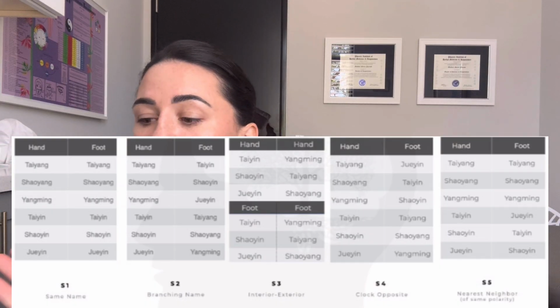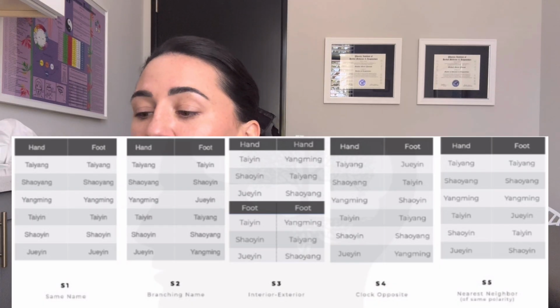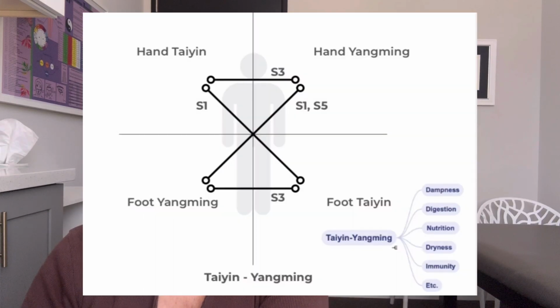These support beams are going to be major connections within these meridians. So internal external pairs, that is system number 3. This is system number 1, which is the branching name, so Yang Ming, Yang Ming. This is also system number 1, Tai Yin going to Tai Yin.